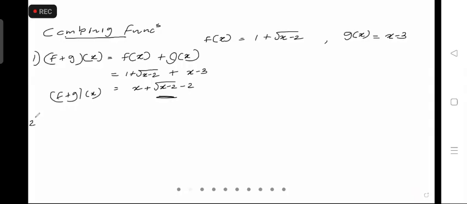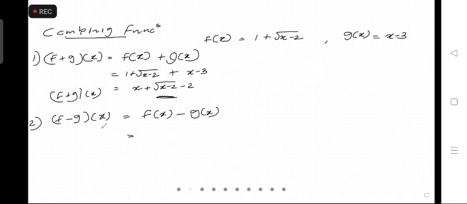Let's see. You have to solve this one, f(x) minus g(x). The procedure is the same, but you can break it. This f minus g means f(x) minus g(x). You can break or separate. Now f(x) means square root of x minus 2, and g(x) means x minus 3.